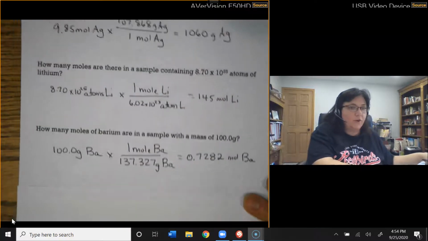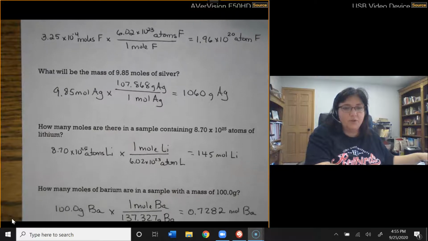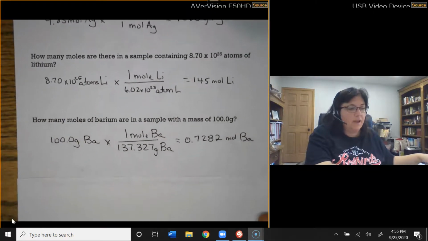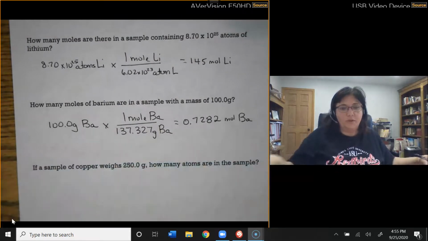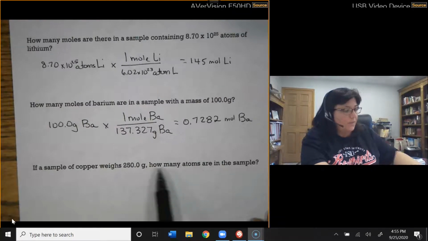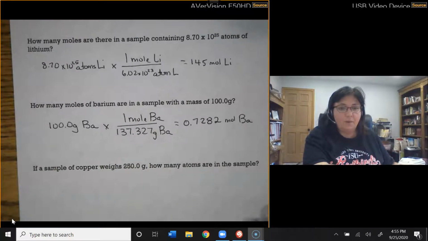All right, so far you've seen 4 different ways of using these 2 conversion factors that we have, but we've always used them independently. This last question, if you take a look at it, we're actually going to use both in one problem, because we want to know how many atoms, not how many moles, how many atoms are in 250 grams of copper.